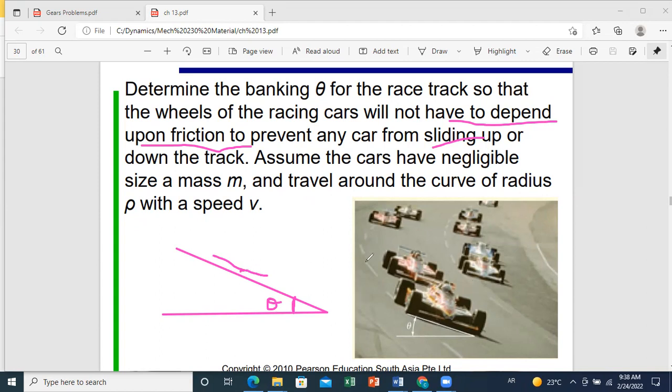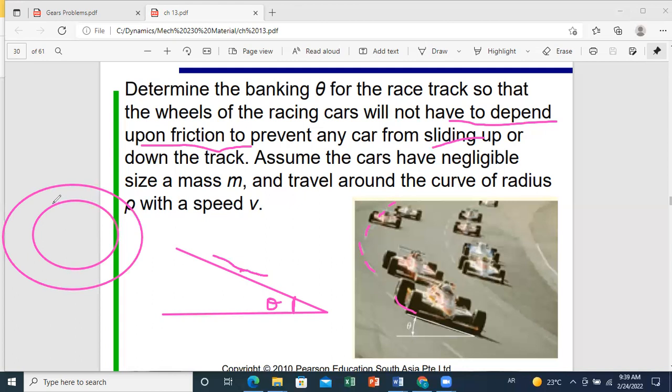You see here these dashed lines. These dashed lines will mark circular paths. So when you look from the top in a Formula One race, you just see circles. Okay, so from the top, these dashed lines will mark circles, and cars are supposed to move on these circles.